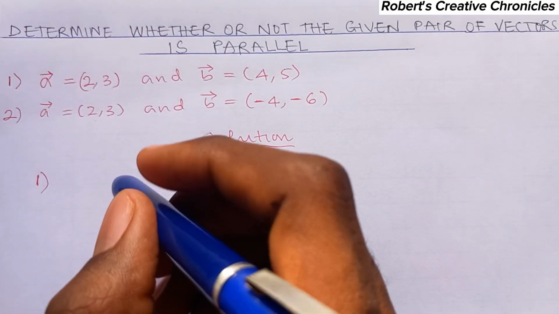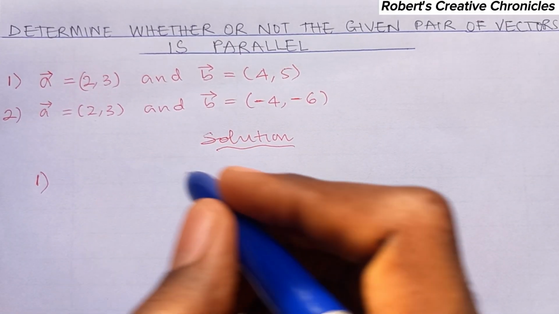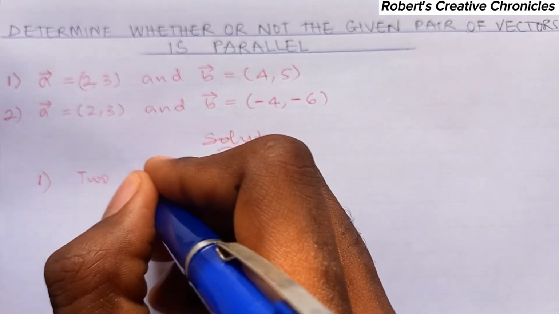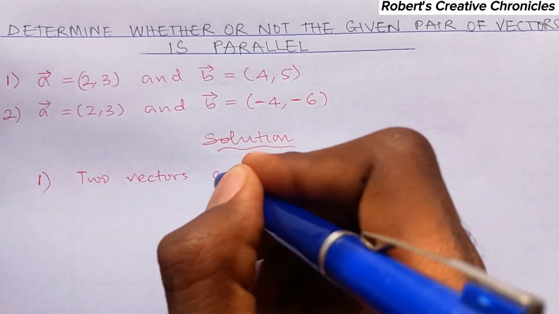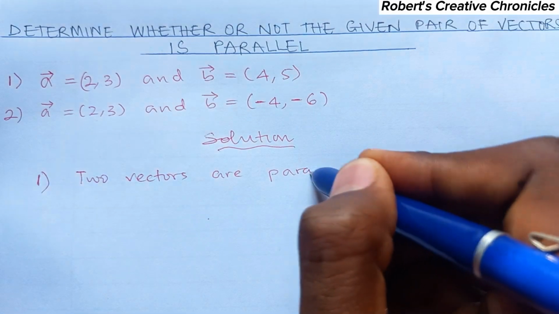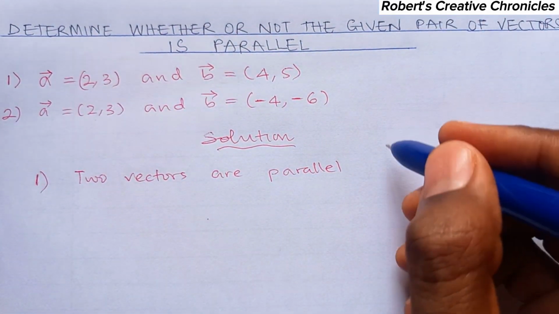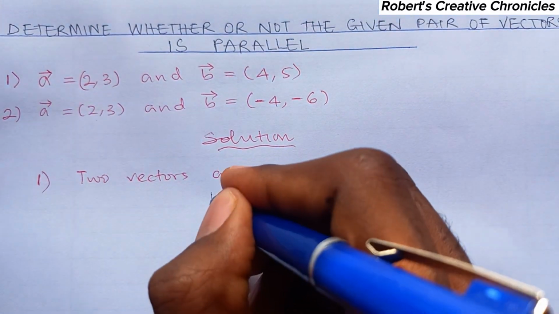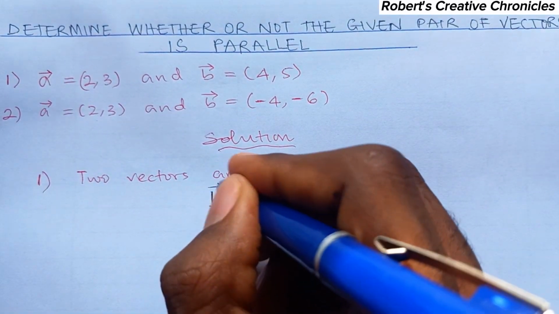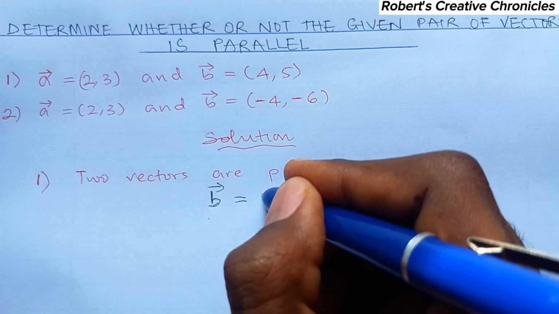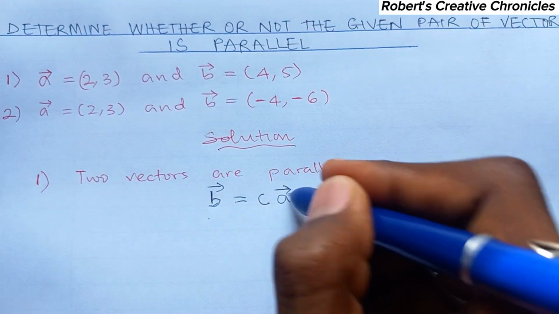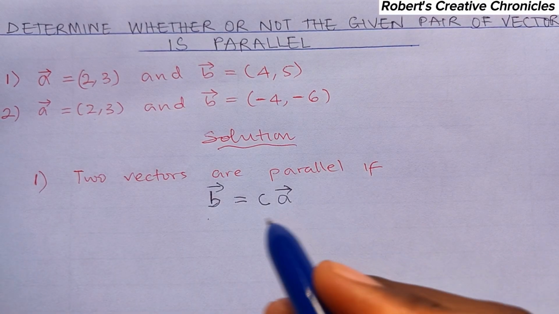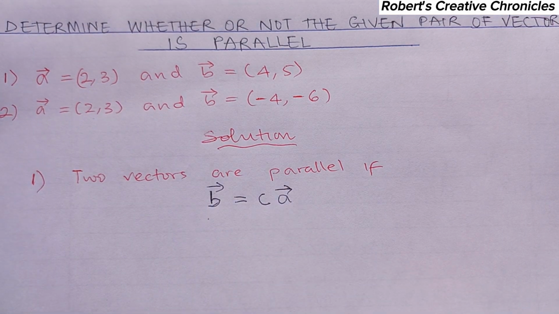Now, for two vectors to be parallel, let me write it. Two vectors are parallel if the vector B is equal to C times the vector A. So two vectors are parallel if this condition is true.